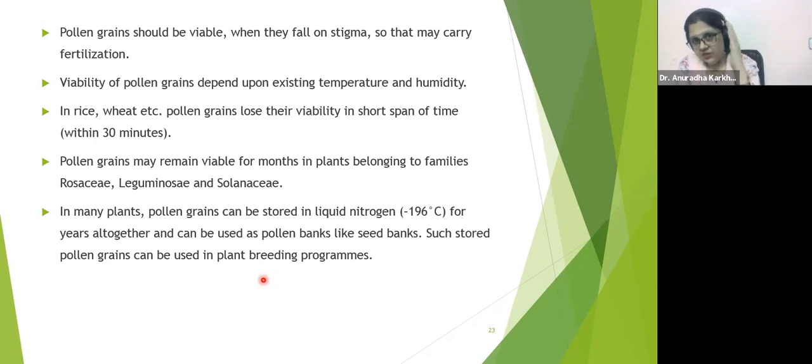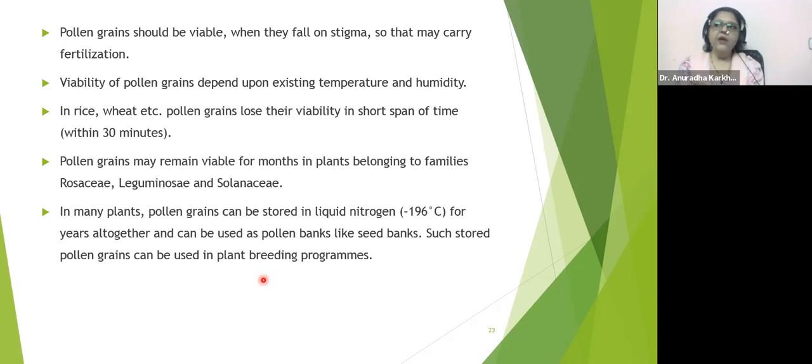So within 30 minutes, if the pollen does not fall on the stigma, no use. It's dead. It cannot germinate now. So the germination has to be ensured within 40 minutes of its dispersal.